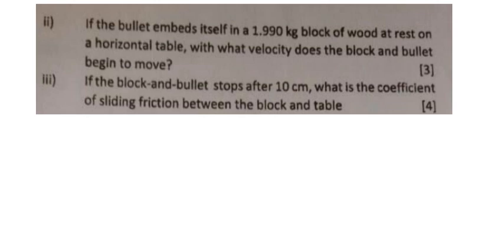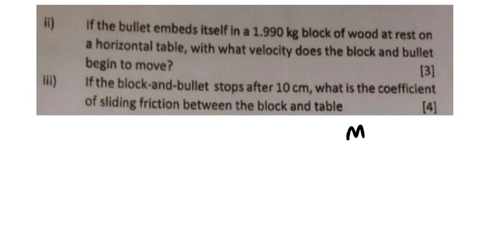For part B, we ask: if the bullet embeds itself in a 1.99 kg block of wood at rest on a horizontal table, with what velocity does the block and bullet begin to move? If the bullet embeds itself, it means we have an inelastic collision.